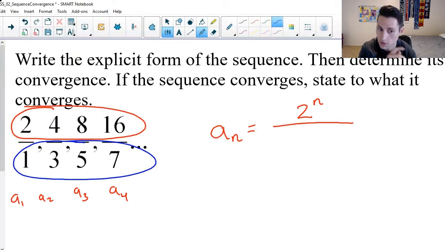Right? 6 minus 1, 5. 4 minus 1 is 3. So 2n minus 1. For odd numbers, we're typically going to use this expression, whether it's 2n minus 1 or 2n plus 1, depending on, again, maybe we need to shift it. But an odd number is always just an even number minus 1, if that makes sense.